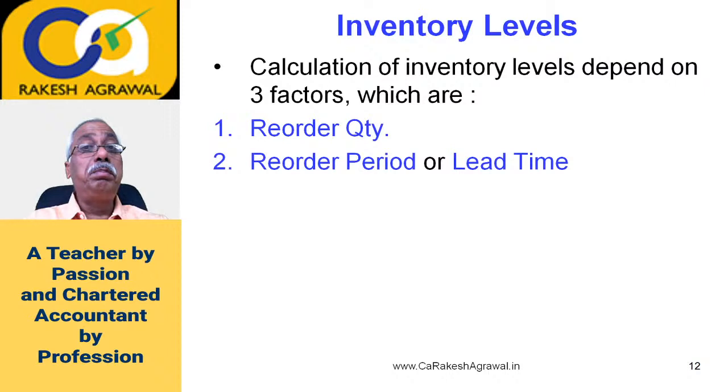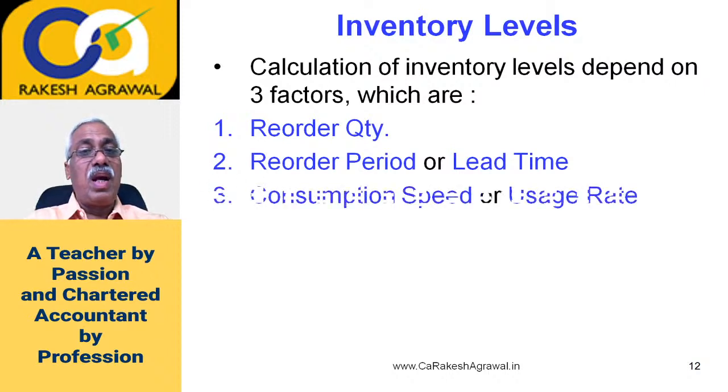Another is reorder period, also known as lead time. And the third one is consumption speed, also known as usage rate. These three pieces of information are generally given in the question. Using these three factors in the formulae, we calculate inventory levels.